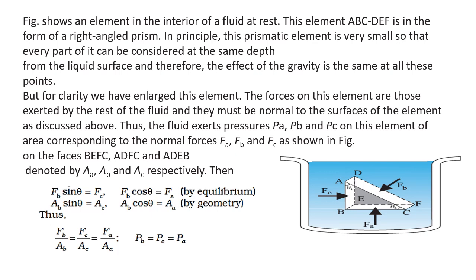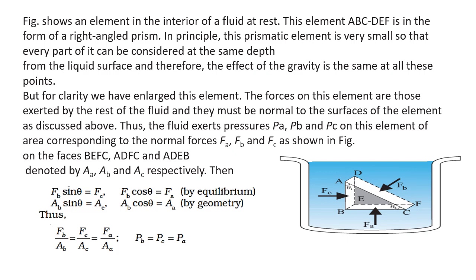As the prismatic element is in equilibrium with remaining fluid, by Newton's law, the fluid force should balance in various directions. So, for horizontal direction, FB sin theta must be equal to FC, and FB cos theta along vertical direction must be equal to FA.